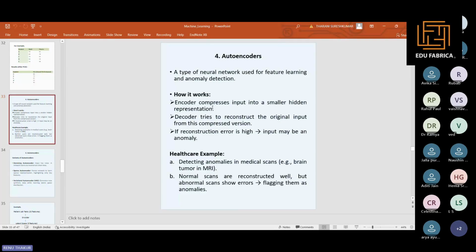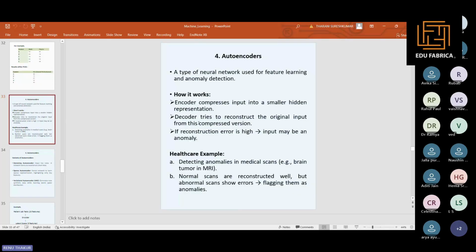For example, if there are 20 lab test results given as data, it will compress them into three latent features. Latent means the compressed bottleneck representation. It contains only the most important information, a small compressed representation of our data. This forces the network to extract only the essential patterns.